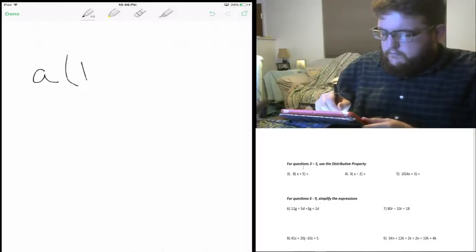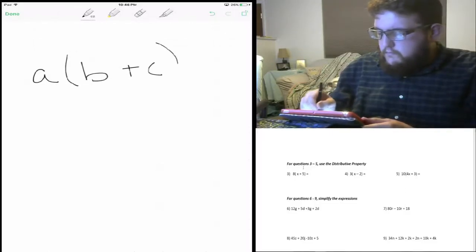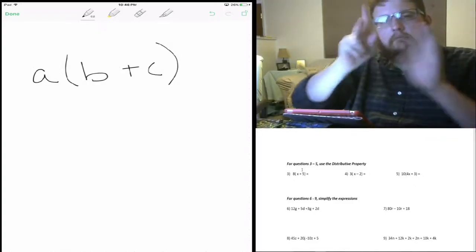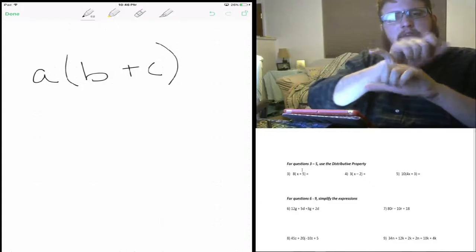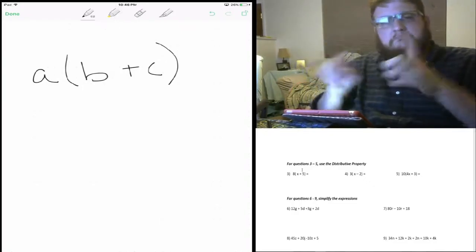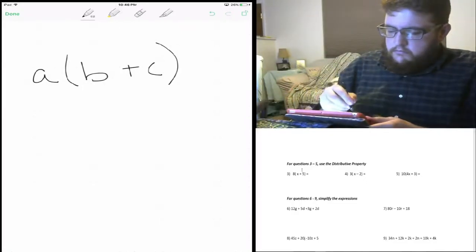If I have A times the sum of B plus C, this can be expanded and rewritten. We can take that A and multiply it out to both the B and the C.